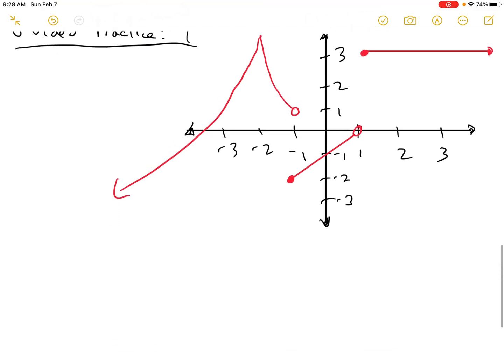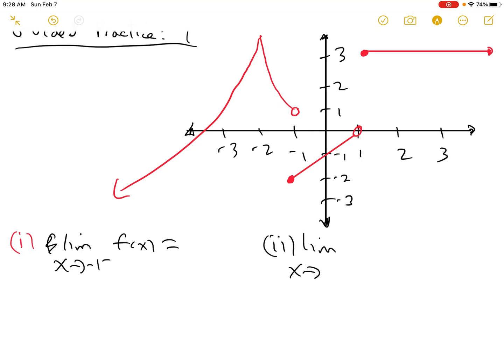And your task, your mission, is to find these 8 values. What's the limit as x approaches -1 from the left of f of x?